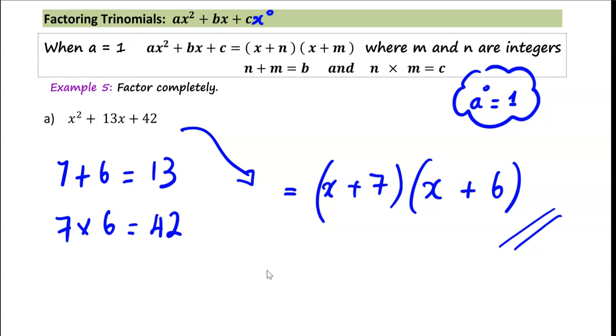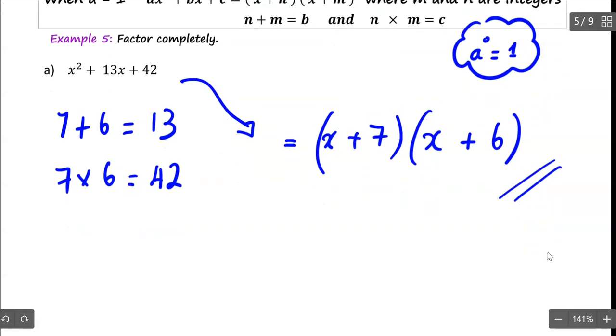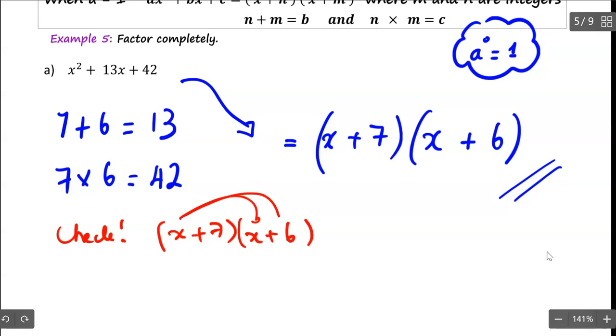Okay, so these are the binomials. The product of two binomials will give you these trinomials. So you can always go back and check to see if you get them correct by multiplying them back in, right? So we can always check by expanding the term. I really want to review this for everyone as well: you take each term from the front binomial and multiply with each term in the next binomial.